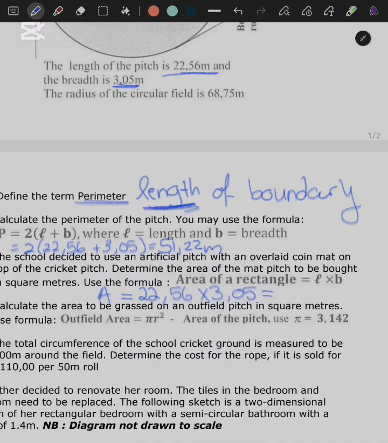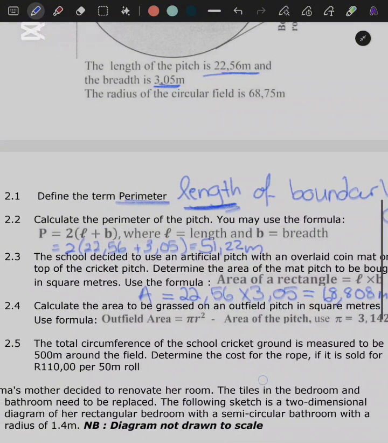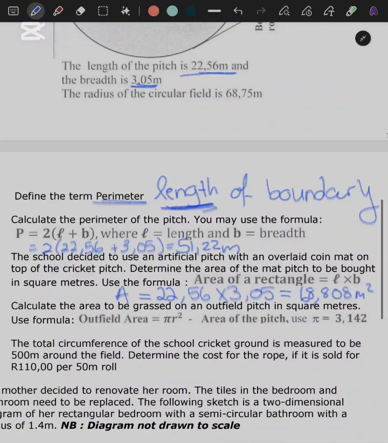And if we do that, we're going to get to an answer of 68,808 meters squared because it's area. And then they tell us there, yeah, that's all that they're needing is the area of the mat pitch to be bought. So that's the area.